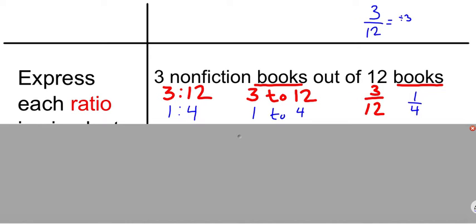If I was to divide this by 3 and divide that by 3, I would get 1 over 4. You may also be able to type the 3/12 into your calculator and have it reduce for you. Oftentimes, once you hit the enter button, it'll show it to you in reduced form.